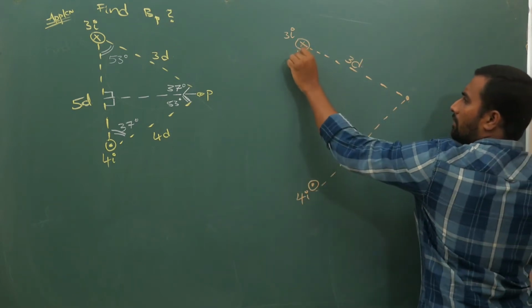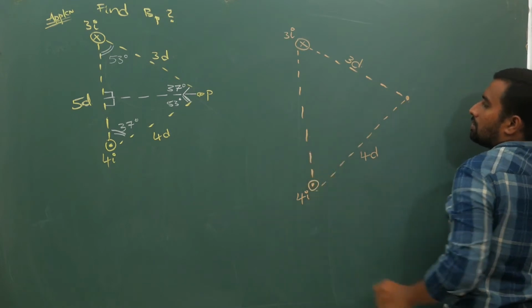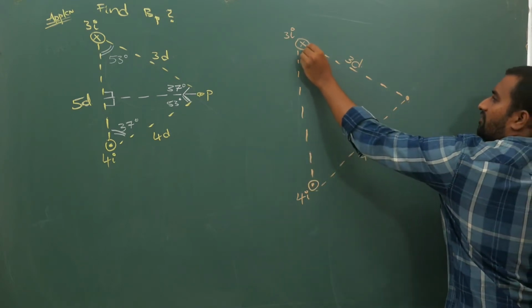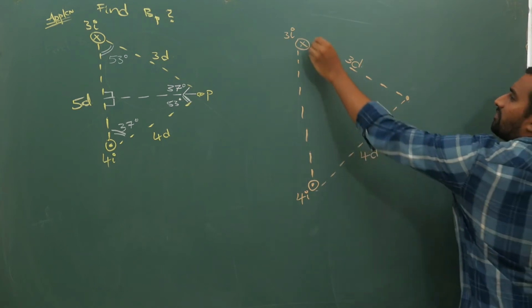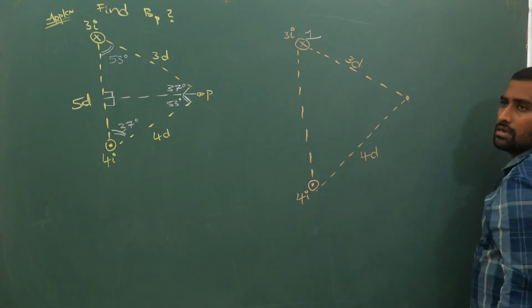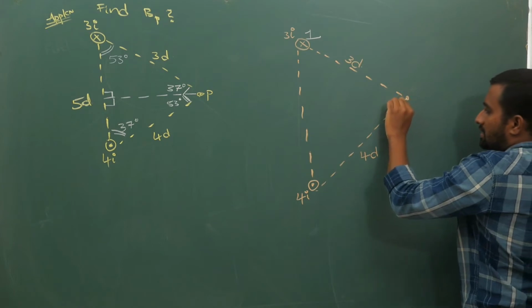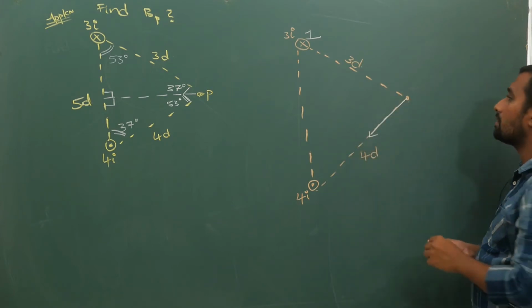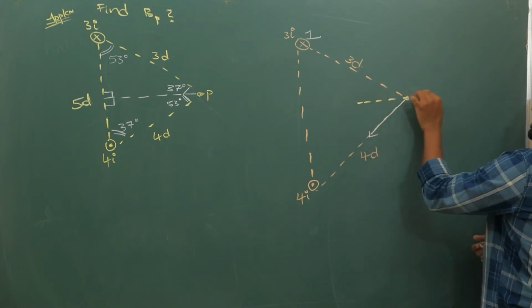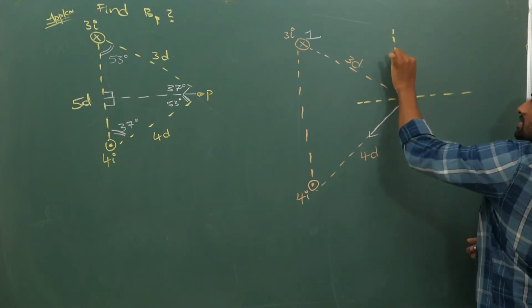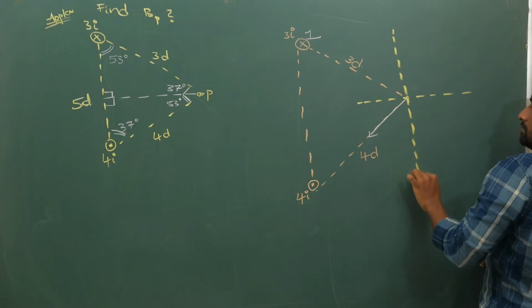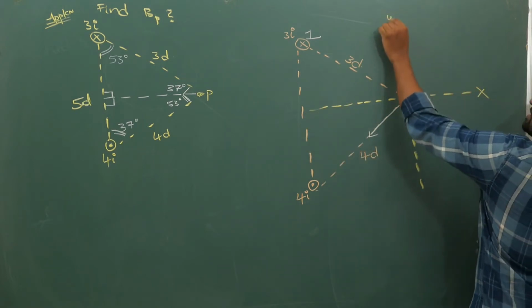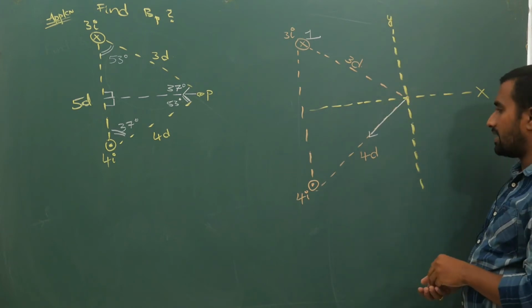Now observe very carefully. Your field because of this wire 1 is B1 and it will be like this. If I choose my XY axis like this, let us say this is X axis, and this is your Y axis.